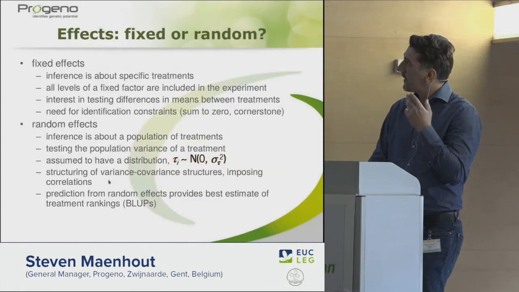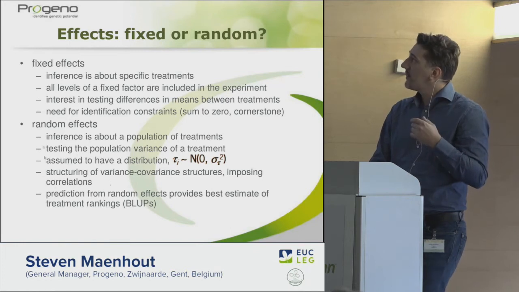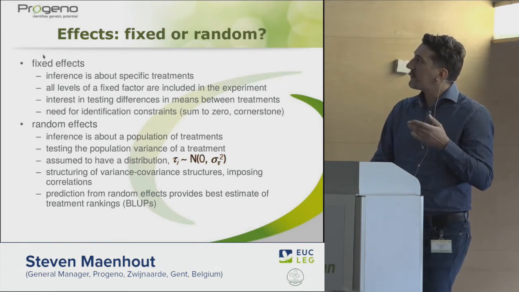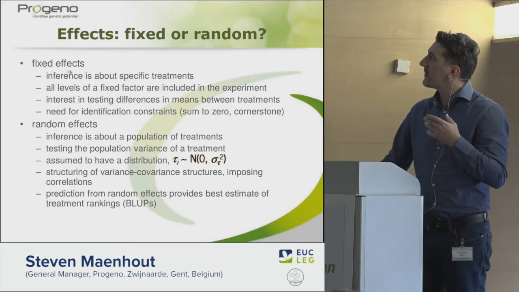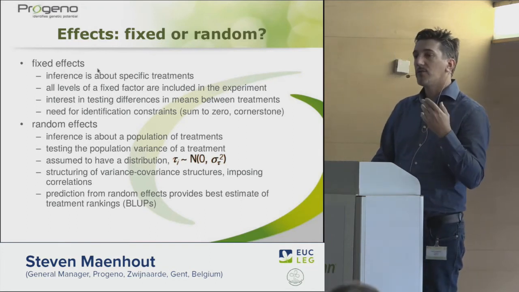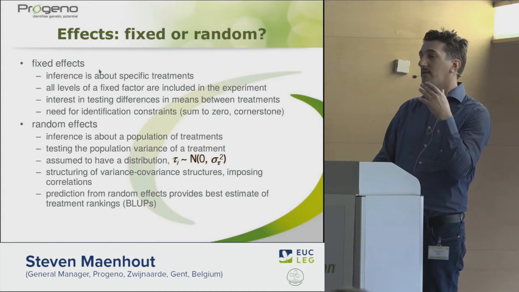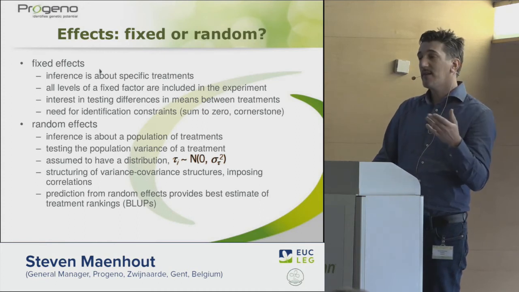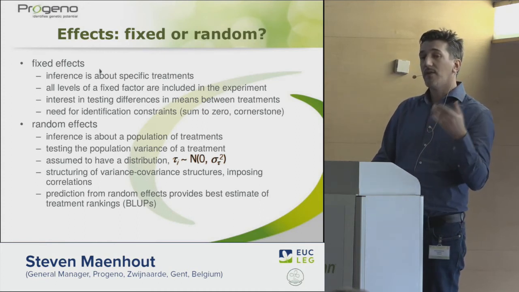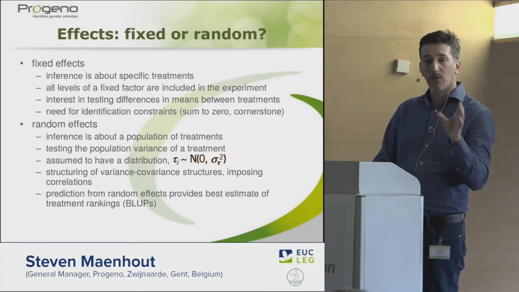Now, there's a nice theory on top of that, so it should be an easy decision to make. You put things in the fixed effects part if you're interested in specific treatments. For example, if you're doing a nitrogen level test, and let us say you have 4 levels of nitrogen, then nitrogen level would be a fixed effect factor. You're really interested in what is the difference between the 4 levels.